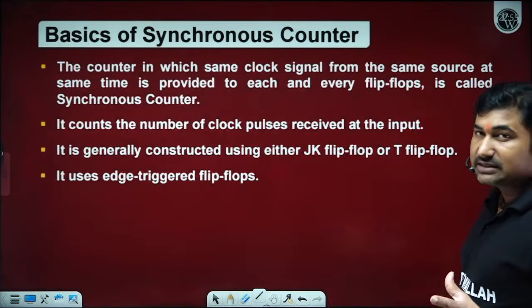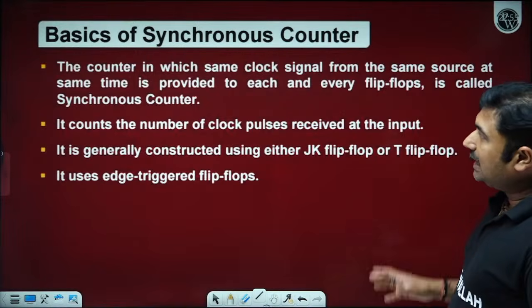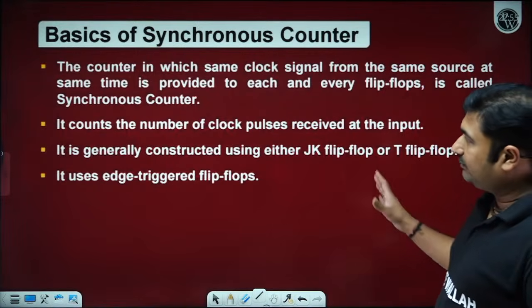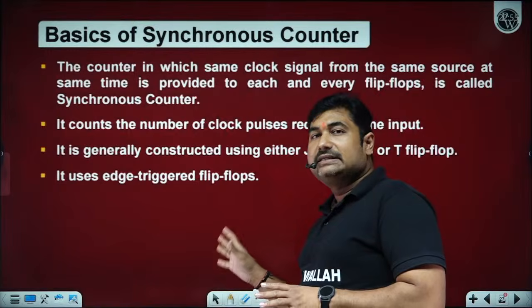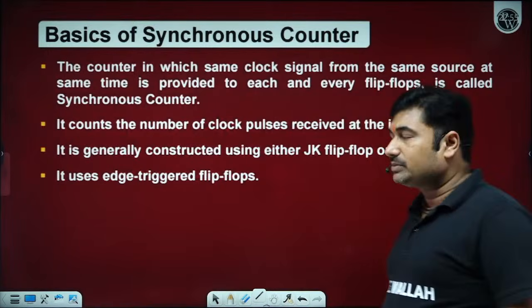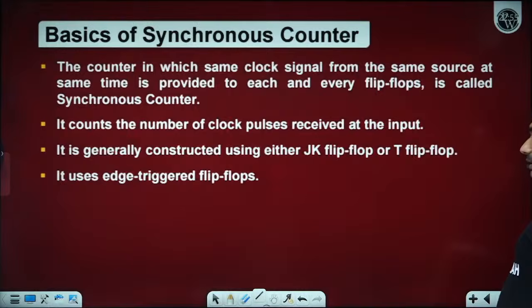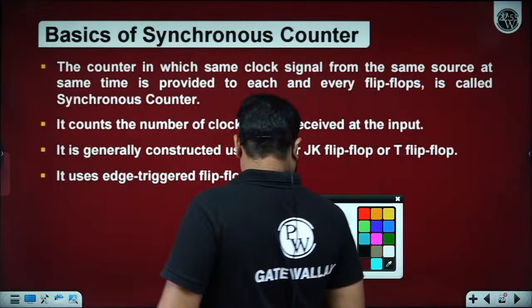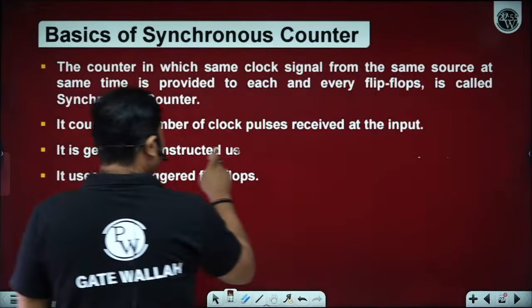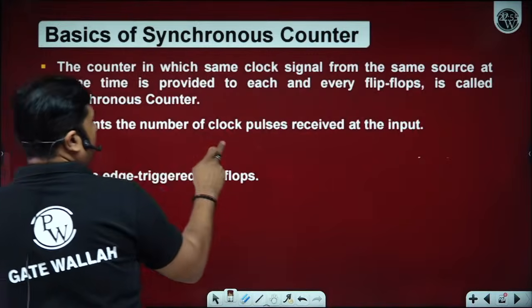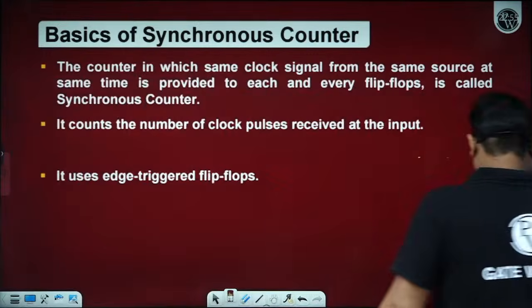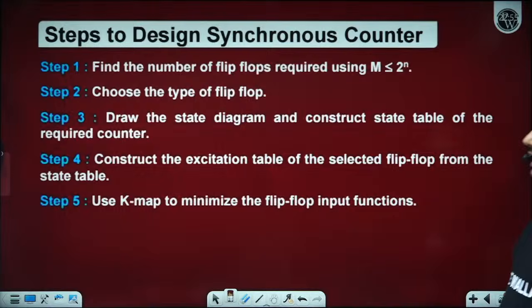For a desired synchronous counter, first of all you have to remember that it can be designed for any count sequence. All the flip-flops are connected with the same clock pulse. Is it okay?